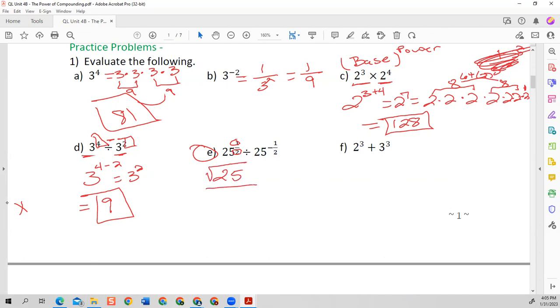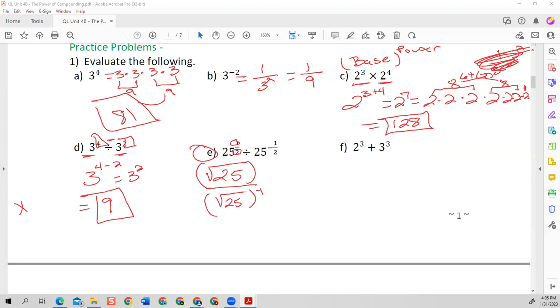And I'm going to divide that by 25 raised to a negative half. So what does this tell me? It tells me that I need to rewrite this in the format that power is positive and not negative. So I got the square root of 25, all raised to a negative 1, right? Well, since it is a fraction division, you know, it's the top power minus the bottom power.